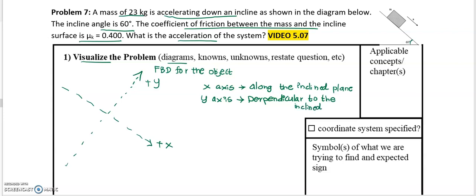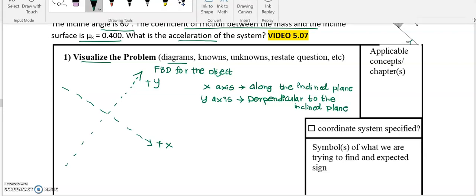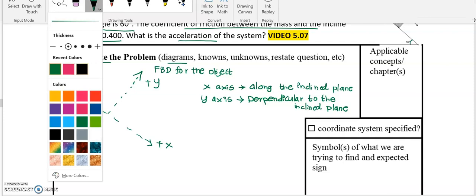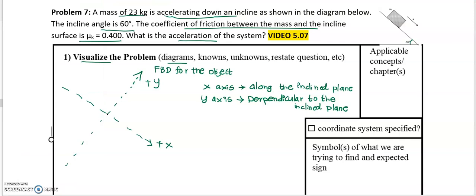If you look at the forces acting on that object, weight is acting directly downwards. Weight is always acting directly downwards. And then there's a normal force because the surface is pushing the object perpendicular to the surface.